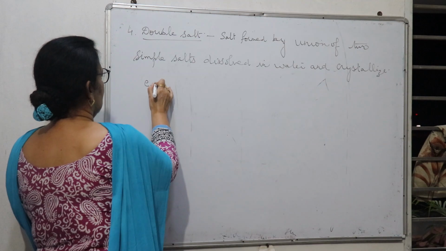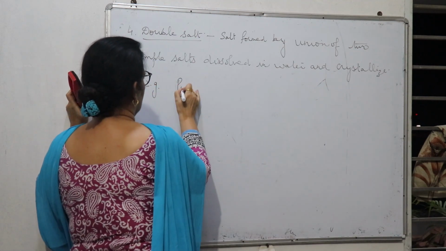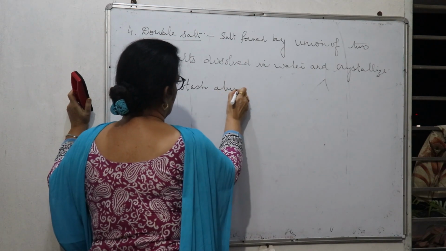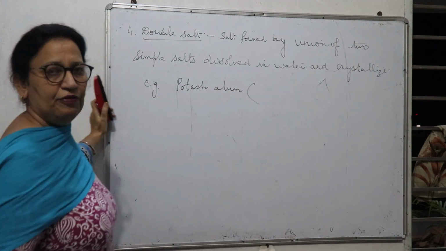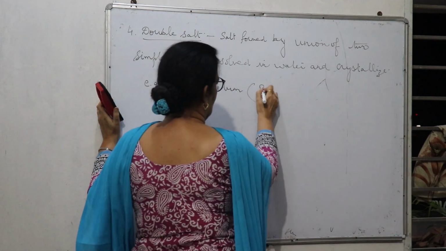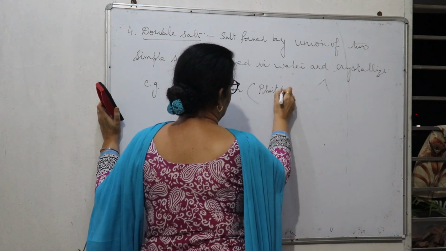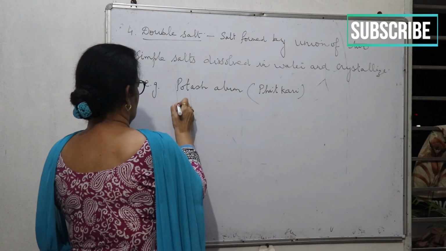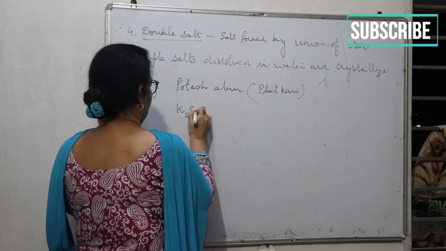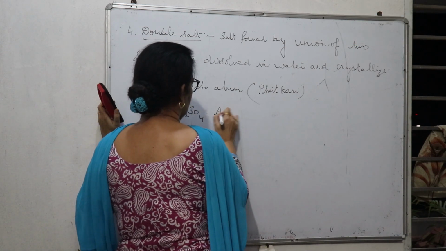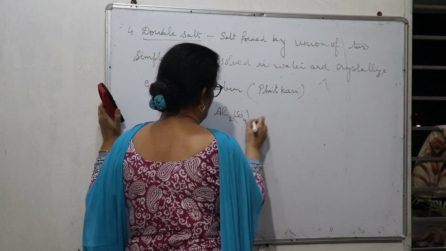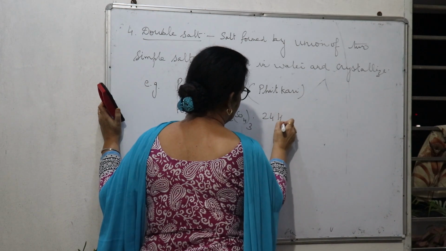For example, potash alum, that is fitkari. The formula is potassium sulfate, aluminium sulfate, dot 24 H2O.